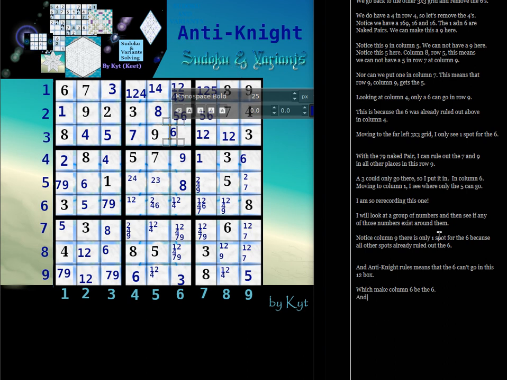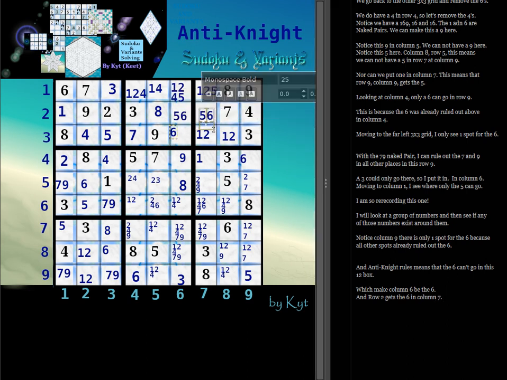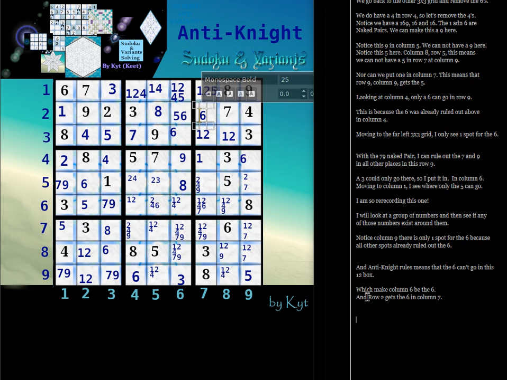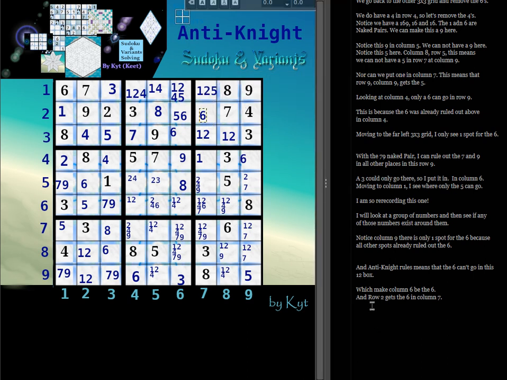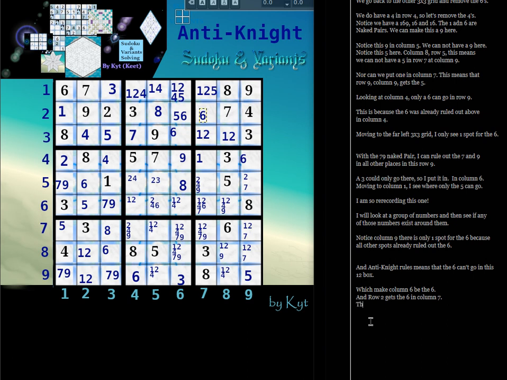And row 2 gets the 6 in column 7. That is the only spot left for the 6.